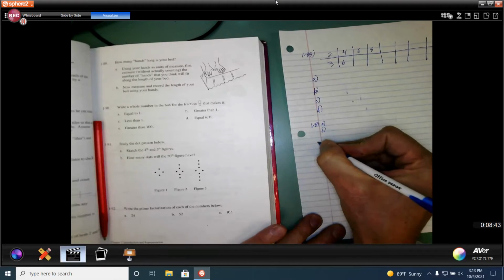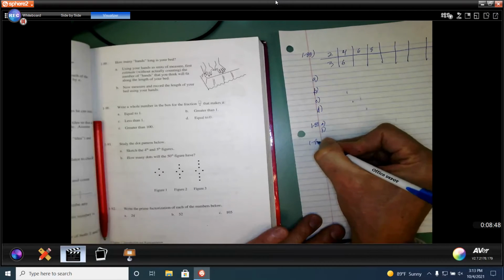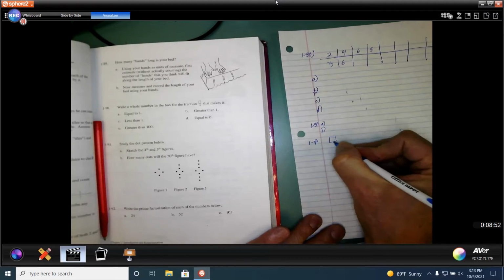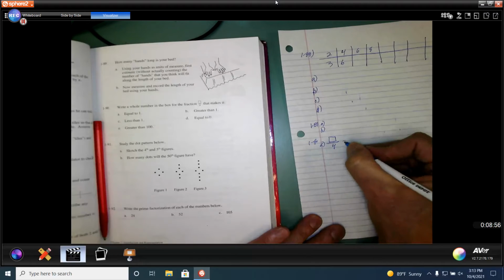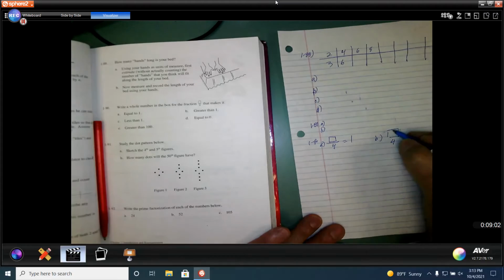And 1-90, almost done here. 1-90, it says put a number on that box. And for A, we want that to be equal to 1. For B, we're going to put a number in that box, and it's going to be greater than 1.